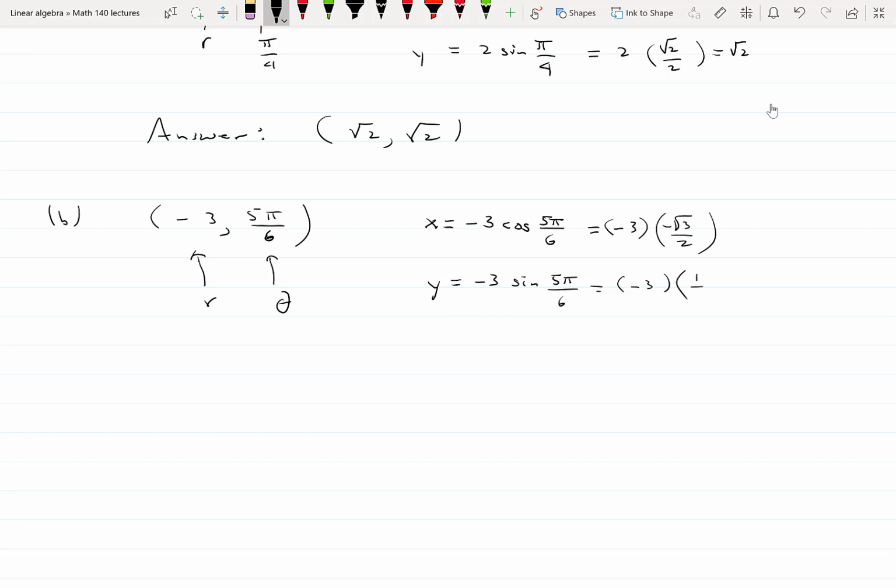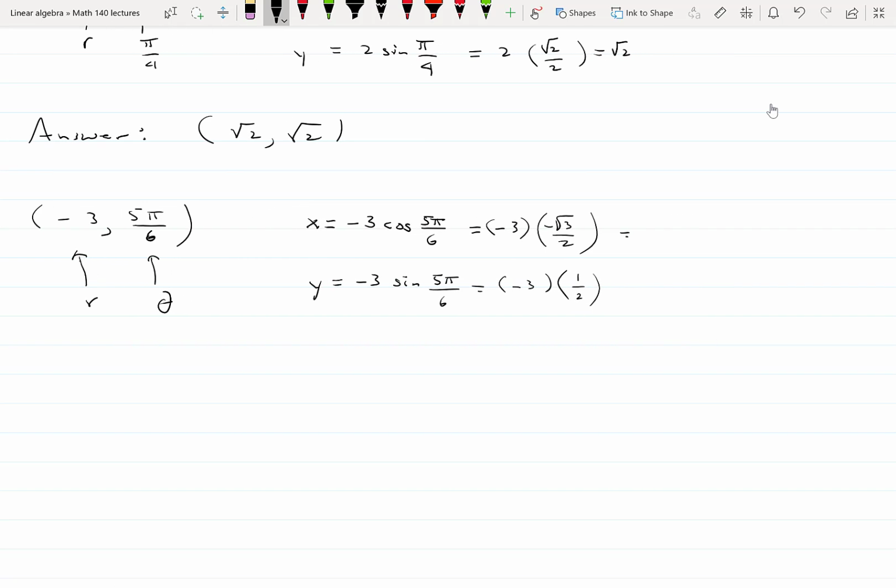Reference angle is pi over 6, or directly off the unit circle. So we get 3 radical 3 over 2 and -3 halves. So the answer is x equals 3 radical 3 over 2 and y equals -3 halves.